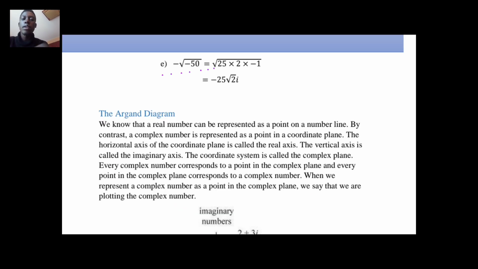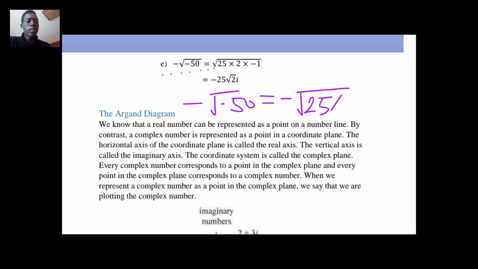How do we solve this number? If you have negative root of negative 50, this is equal to negative, outside, root of 50. Root of 50 is the same as 25 times 2 times negative 1.